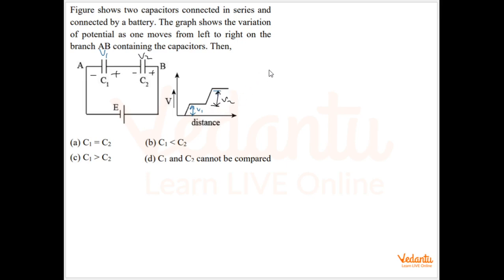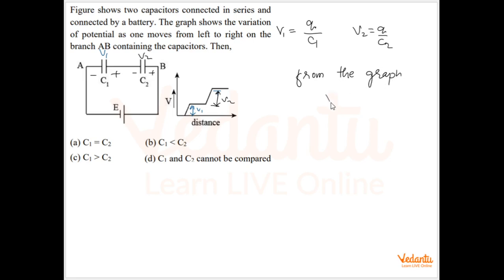Now, here because they are connected in series, their charges will be same and their potential differences V1 will be Q by C1 and V2 will be Q by C2. Now, if you clearly see from the graph, it's not very clear, but it's kind of clear.